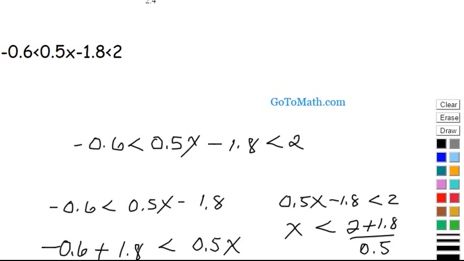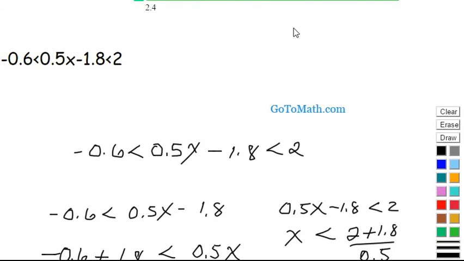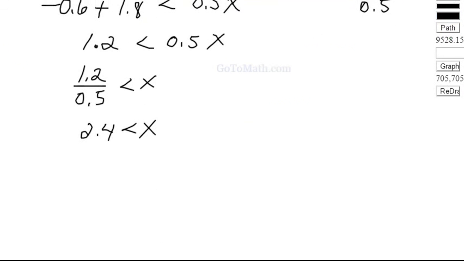Alright, so 2 plus 1.8, I'm just going to type that in up here. Alright, what do we got? 7.6. That's what it says. X is less than 7.6.